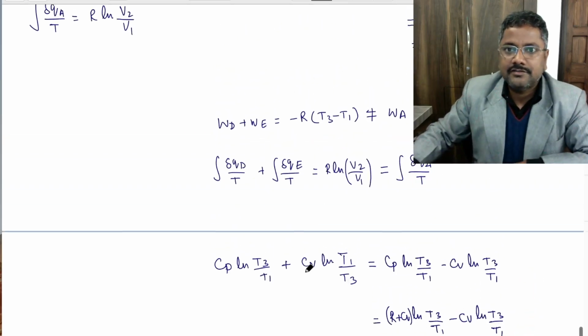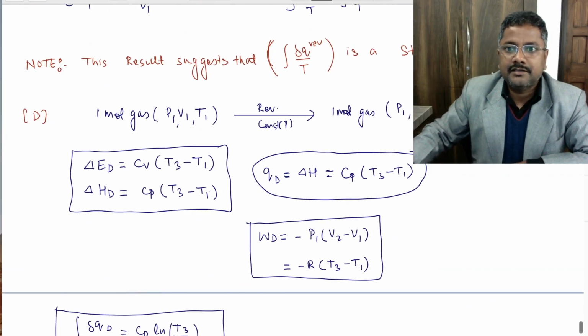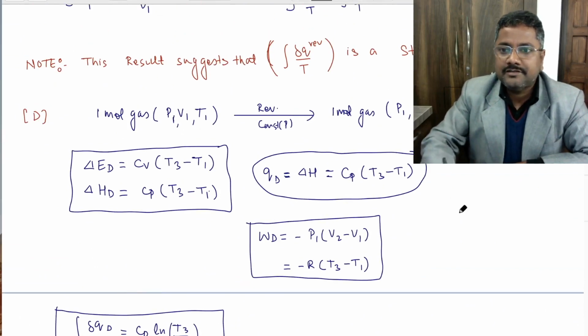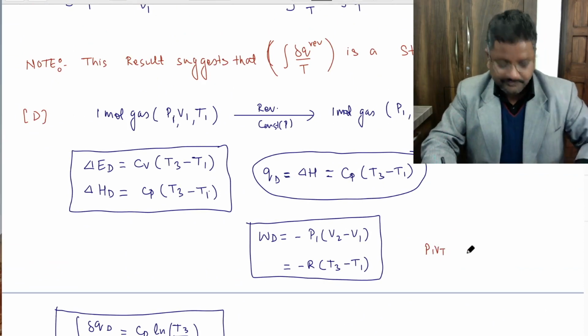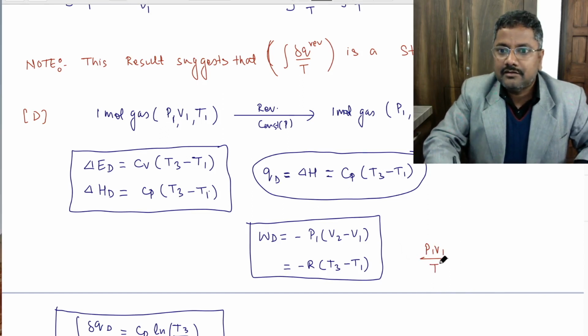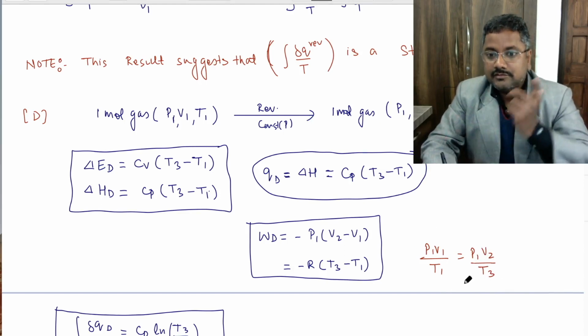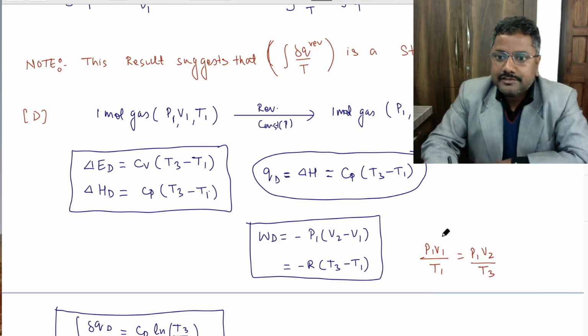See how this V2 by V1 we can write. If you see here in the step D, what you can write? P1 V1 by T1 is equal to P2 V2 by T3. General formula. Since it is a constant pressure condition, the pressure is cancelled.